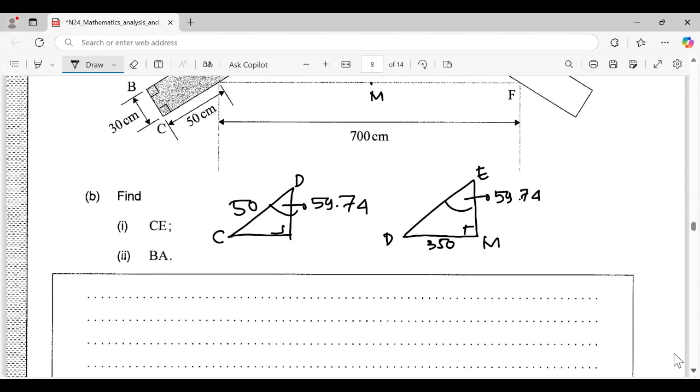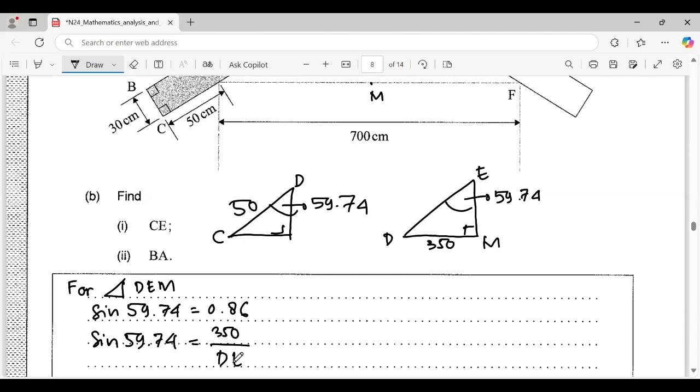Right, let's calculate. So for triangle DEM, sine 59.74 equals 0.864. And then sine 59.74 equals 350 over DE.